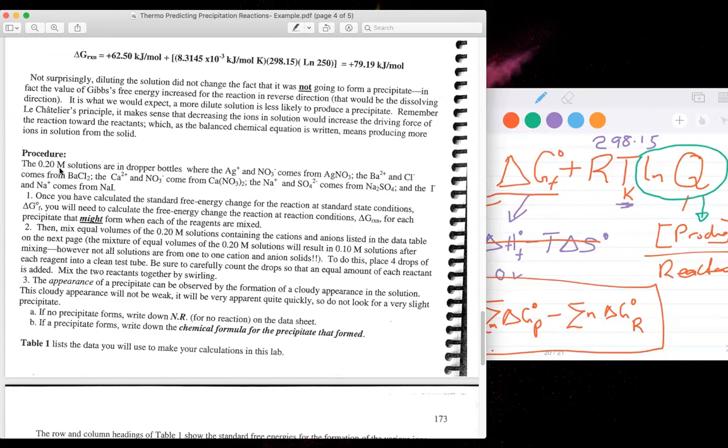All right. And for 0.20 molar, you are mixing equal amounts. The procedure calls for 4 drops. Look right here. You're going to take 4 drops and add 4 drops, so 4 and 4 makes 8.